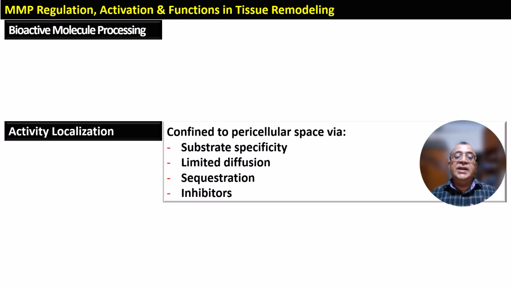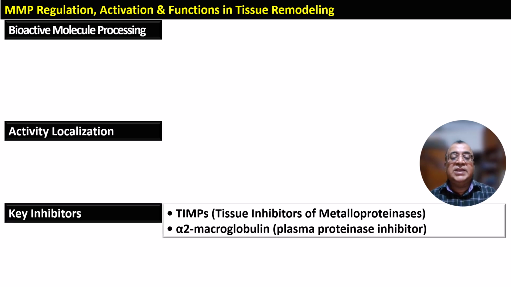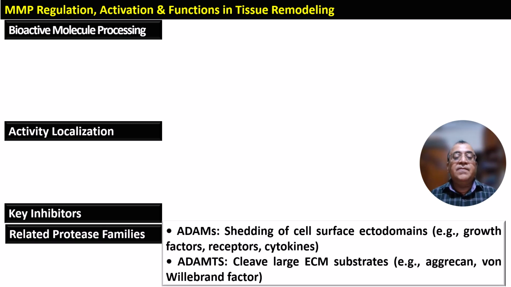So their activity is basically confined to the pericellular space via substrate specificity, limited diffusion, sequestration, and there is presence of various inhibitors to these, and the key inhibitors for these MMP activity are tissue inhibitors of metalloproteinases and alpha 2 macroglobulin that is a plasma proteinase inhibitor.